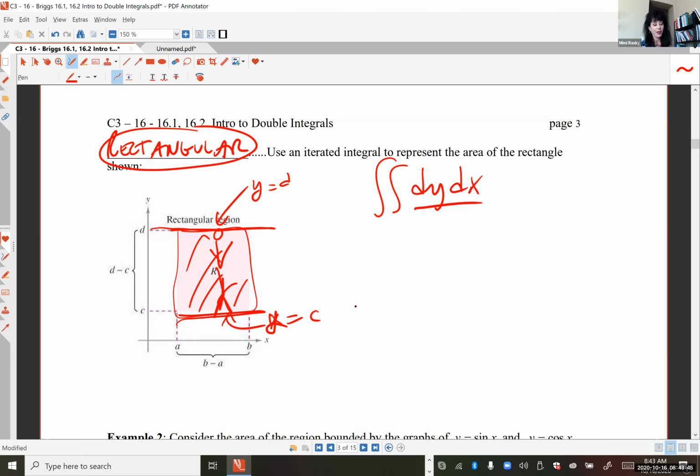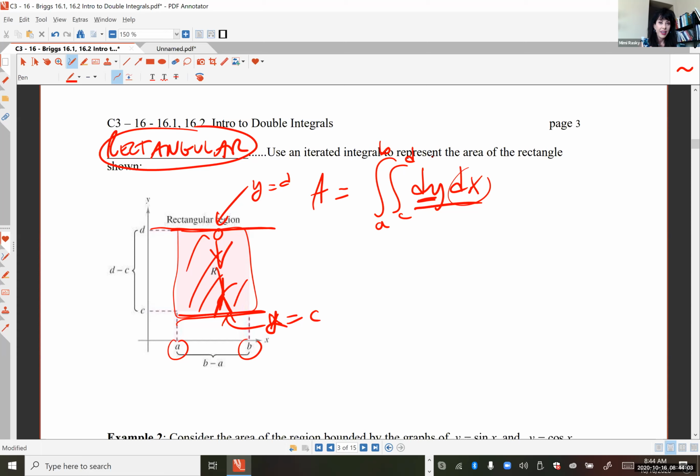Those are just horizontal lines, so they have nice equations. So your area here is where x goes from a to b, so those are the limits for x, and the innermost integral has the variable of integration as y, and y is just going from a pure number c to a pure number d.